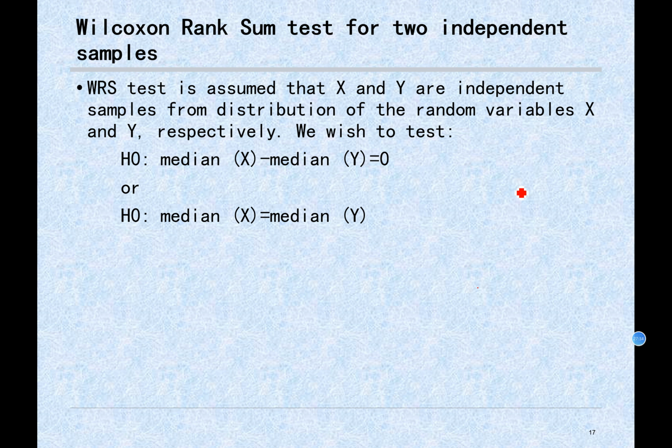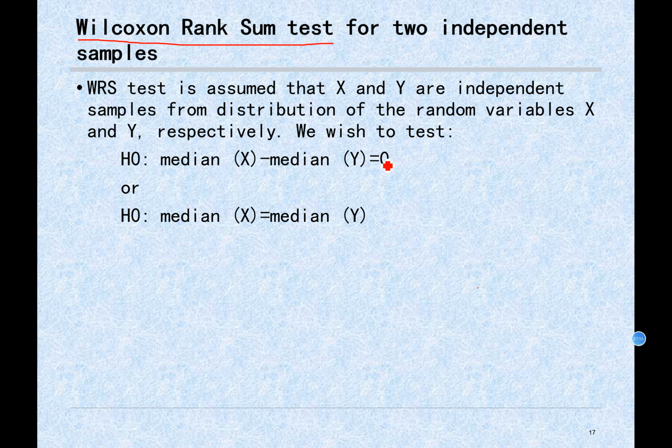Please notice the name of the method, Wilcoxon rank sum test. This is different from the first method. The first method is Wilcoxon signed rank test.